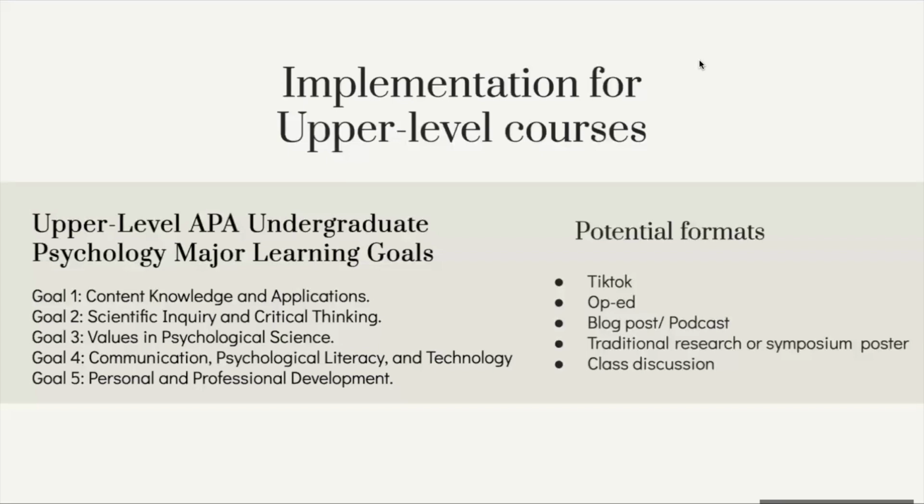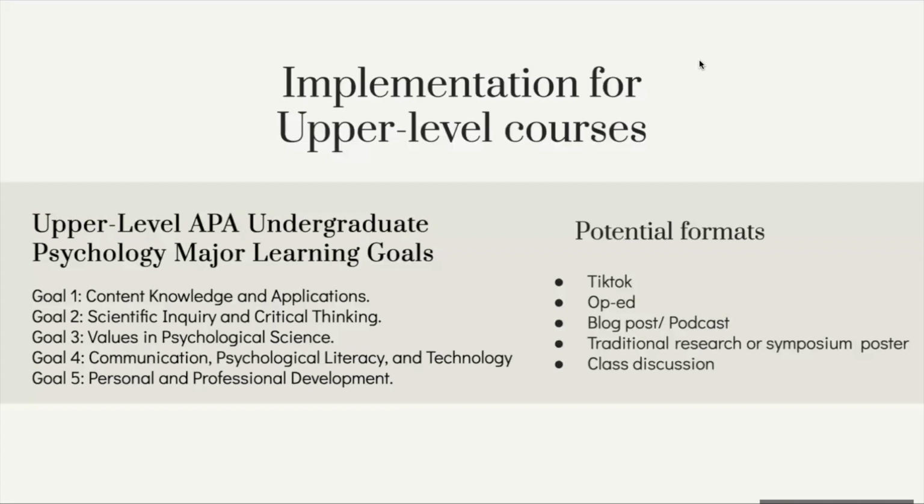So the Right to Learn in this way can take the form of maybe a paper regarding a social justice project. It can also take the form of a TikTok, an op-ed, a blog post, or a podcast. They could even create a traditional research poster or a symposium poster, and they can create questions in order to further engage their peers on the topic that is at hand.